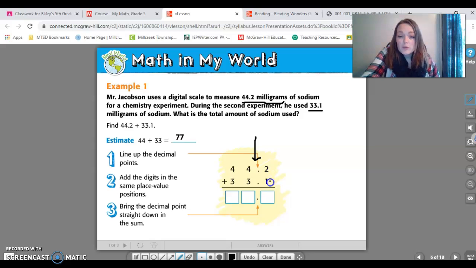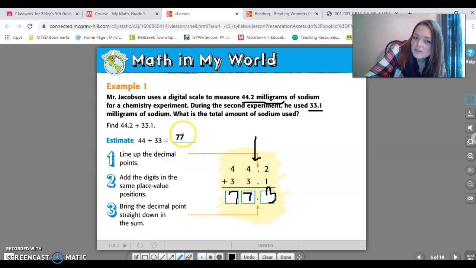We're going to add: 2 plus 1 gives me 3. We bring our decimal straight down. 4 plus 3 gives me 7, and 4 plus 3 again gives me 7. Now we can look at these. 77.3 is very close to 77.